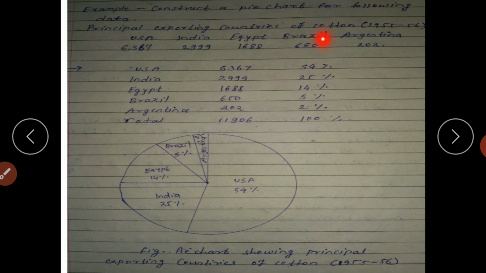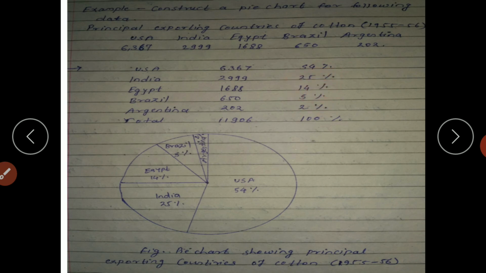If we want to convert into percentage, we have to sum all the quantities, and then we get the total of export, and this is the 100%. So how can we get this 54%? Simply we need to divide the individual quantities by the total quantity and multiply by 100, and then we get this percentage.